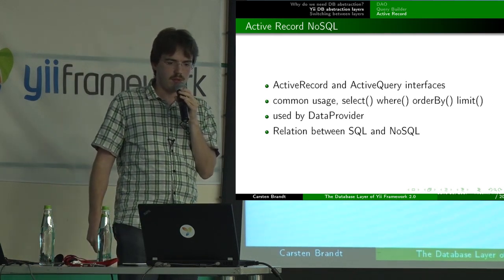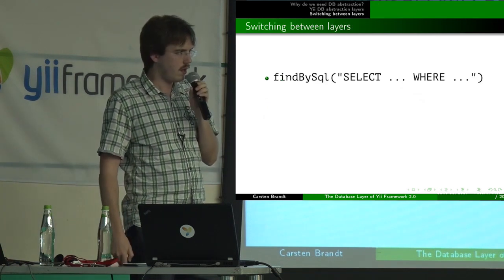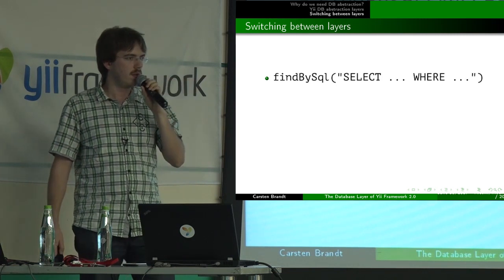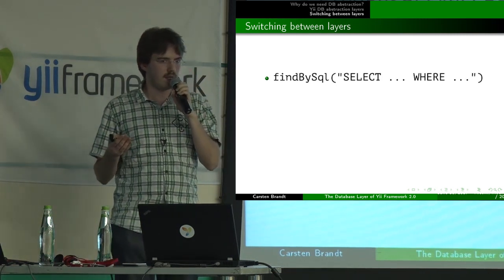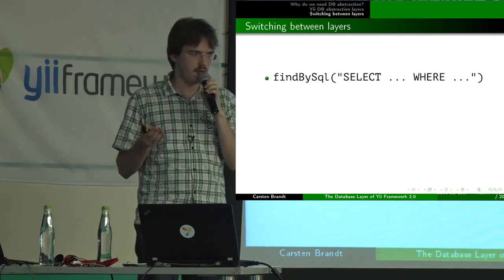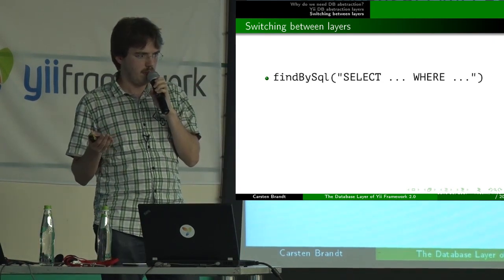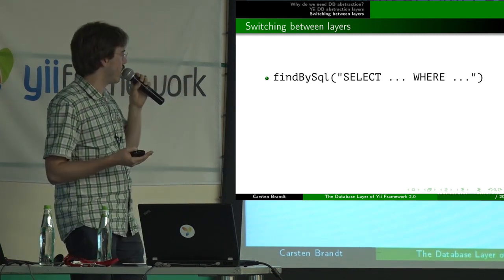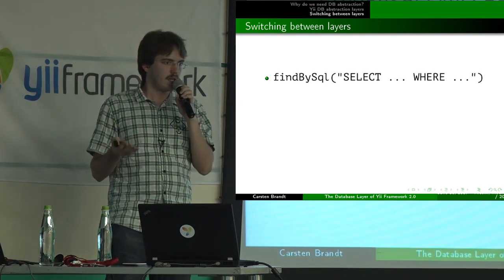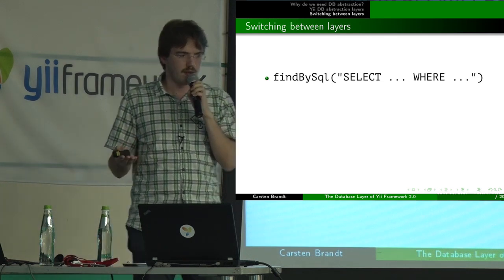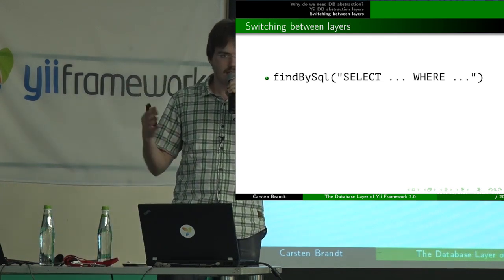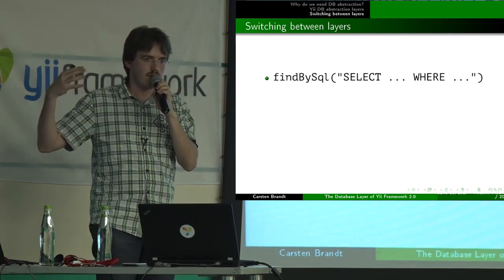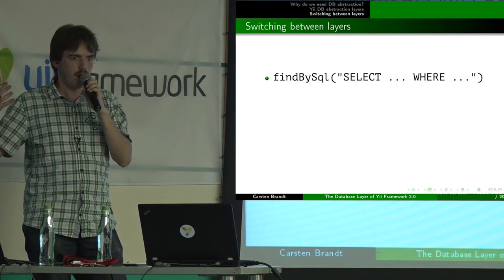Okay, that was ActiveRecord. Now to switching between layers. Sometimes you just don't want to express some complex SQL in PHP code because it will be much better readable if you just write it in SQL. For complex SQL, it's more often easier to just read the SQL and understand what it is instead of working with the abstraction layer.